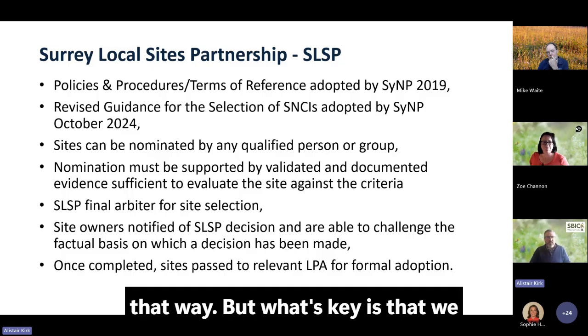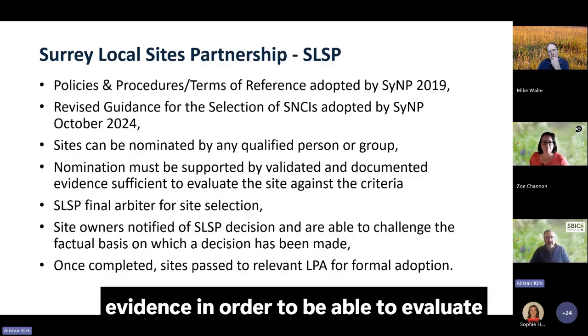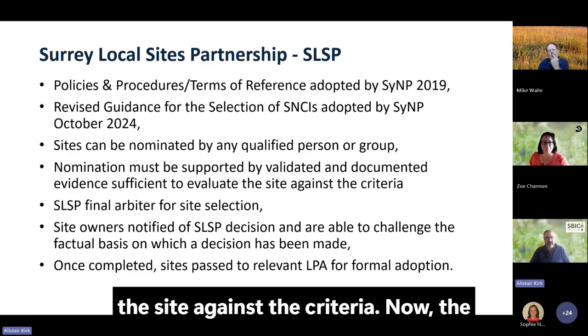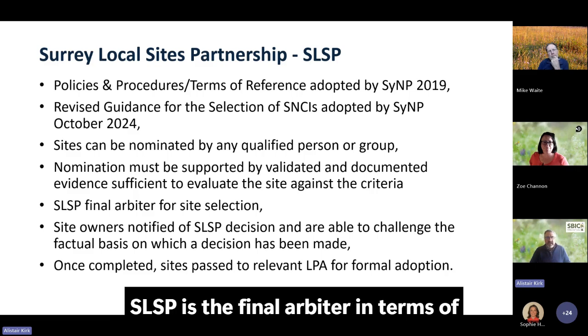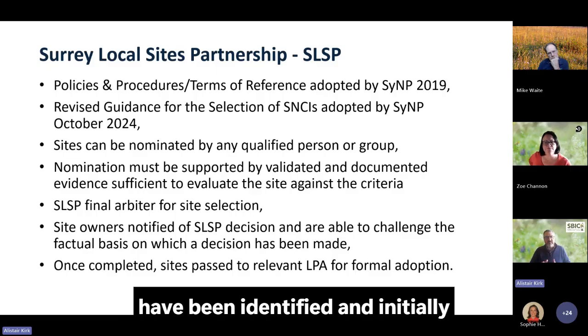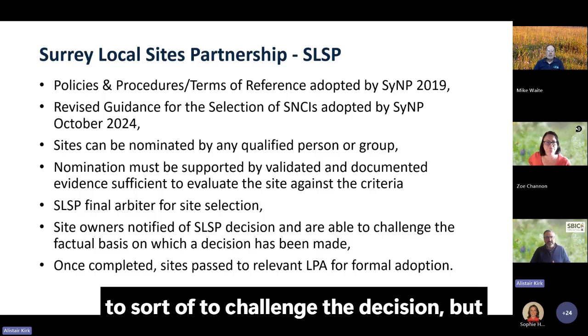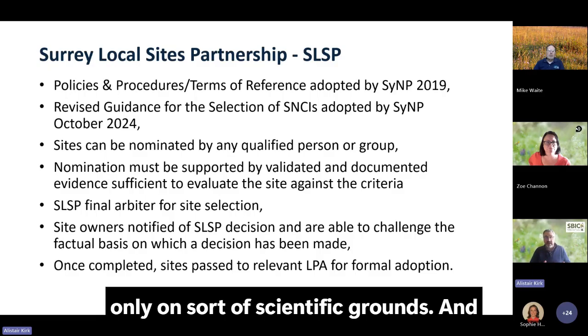What's key is that we need validated and documented evidence in order to evaluate the site against the criteria. The SLSP is the final arbiter in terms of site selection, but once sites have been identified and initially reviewed by the Local Sites Partnership, there is an opportunity for site owners to challenge the decision, but only on scientific grounds.